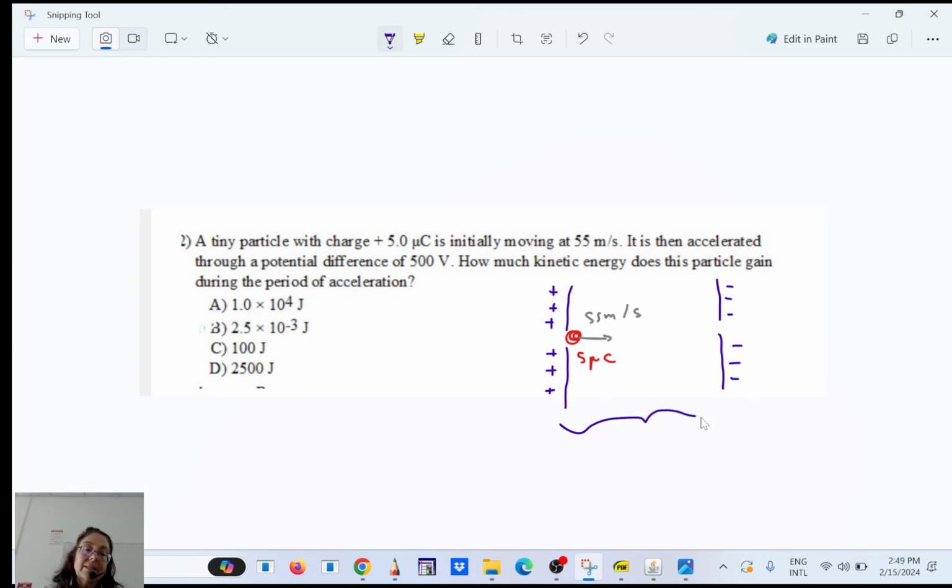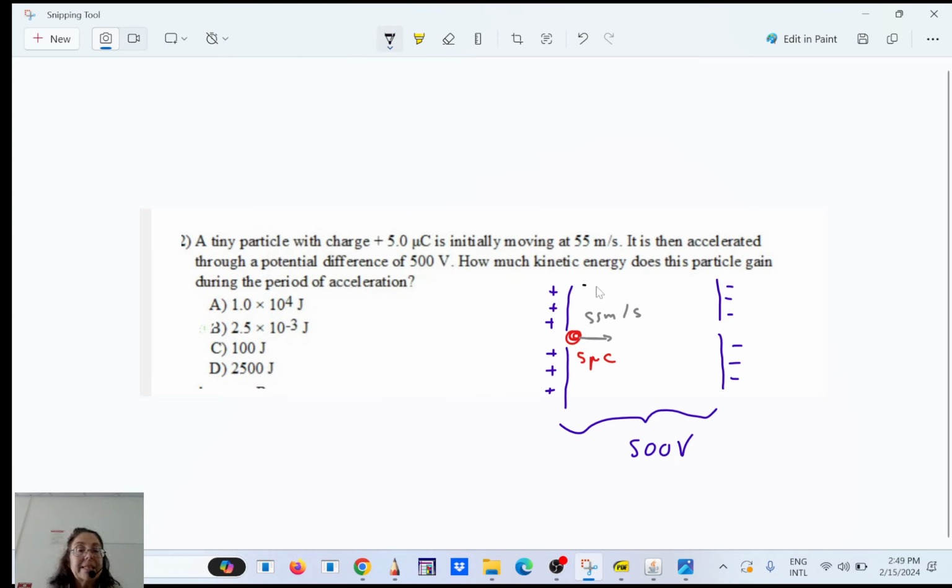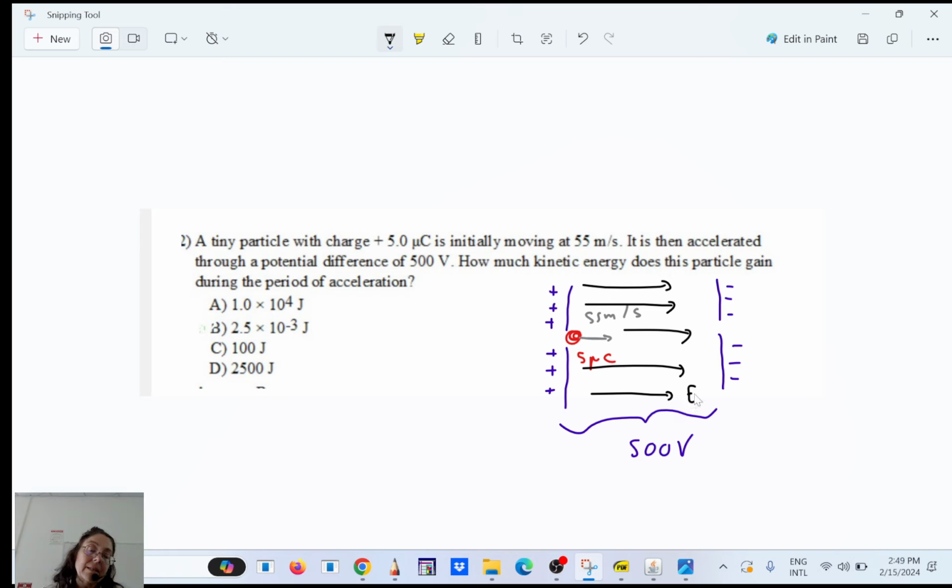The voltage here is 500 volts, so you do have an electric field going from plus to minus. This is your electric field. It's going to be acted upon by a force, so it's going to accelerate.